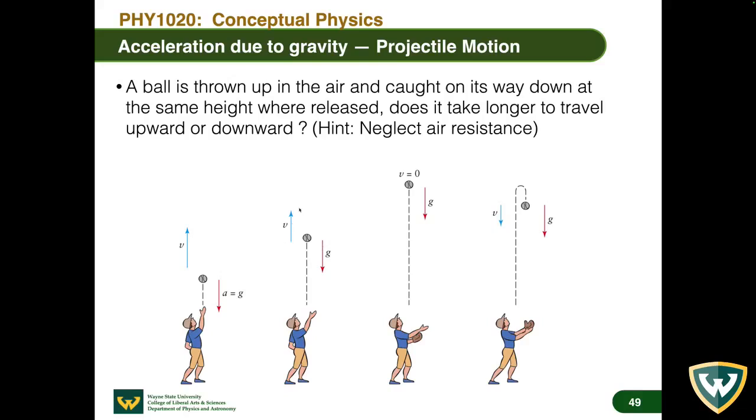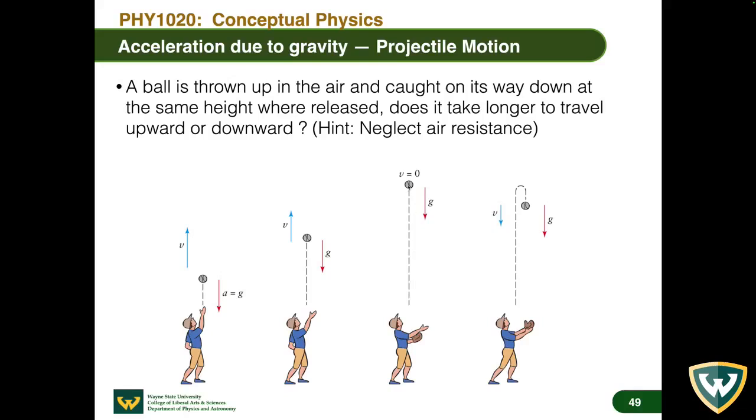And so the speed v is progressively decreasing as the ball goes up. And eventually, as it reaches the apex of its trajectory, it reaches v equals 0. The acceleration of gravity is still in the same direction, so the ball will then come down.